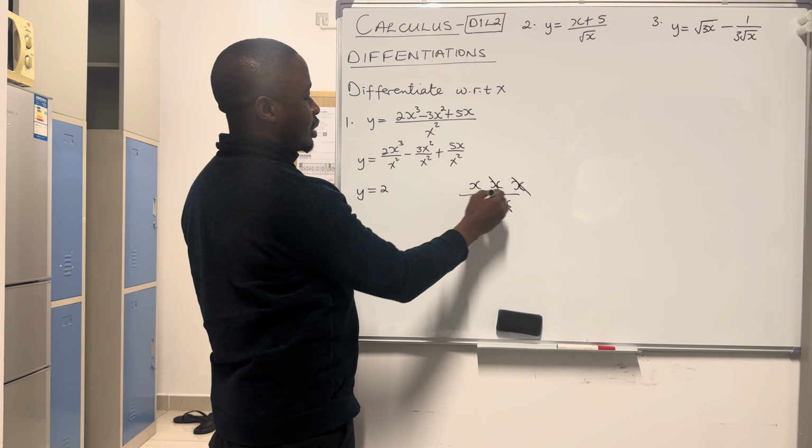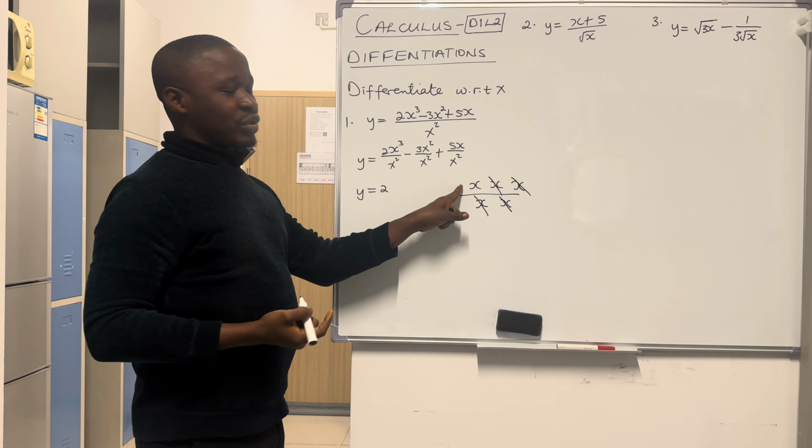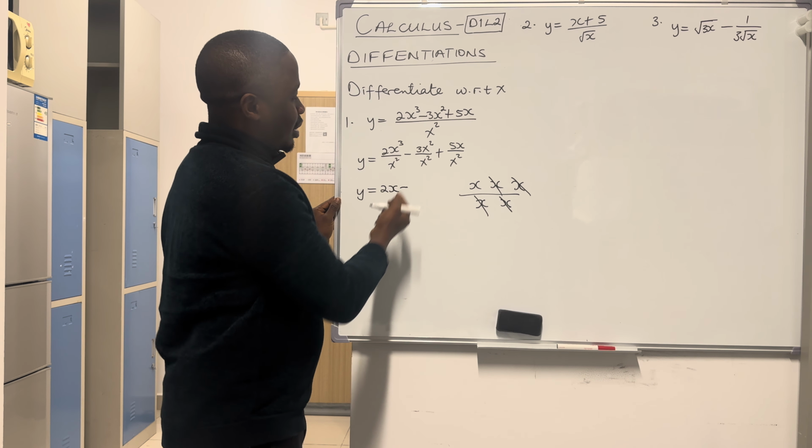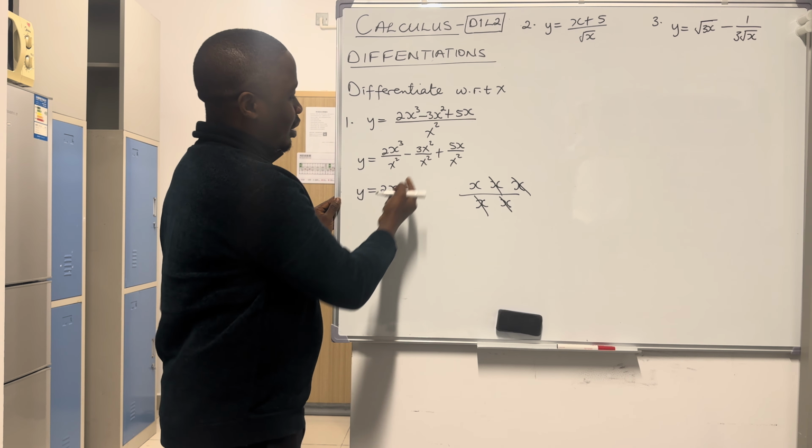So the numerator will be left with just one x. Then minus 3x squared over x squared: this takes away this, it remains 3.